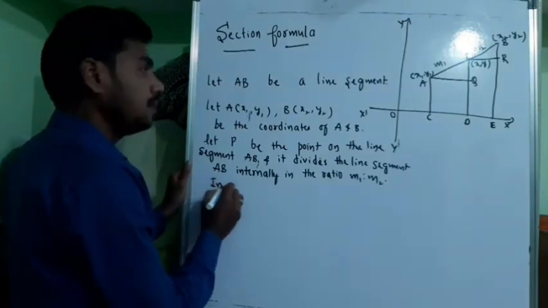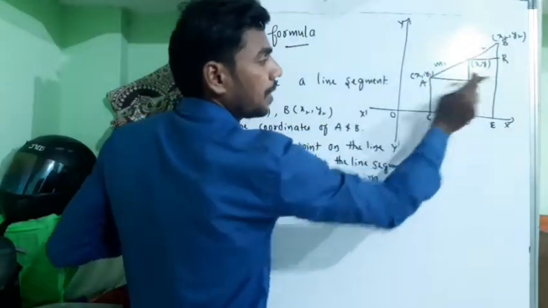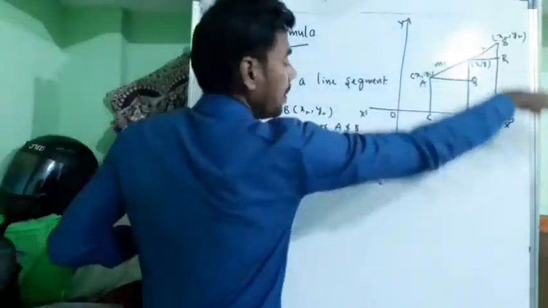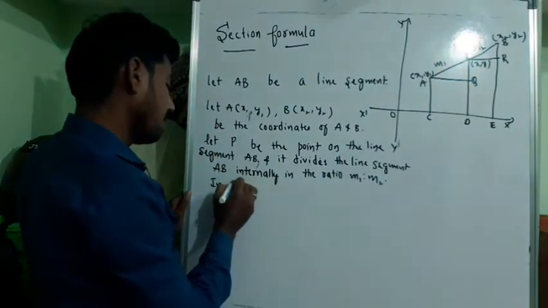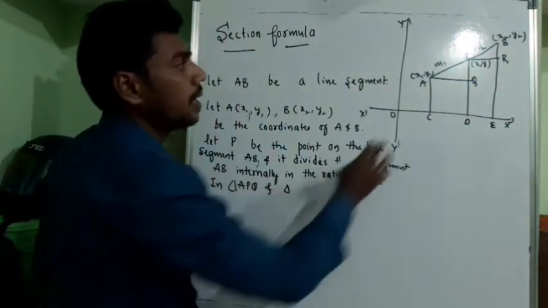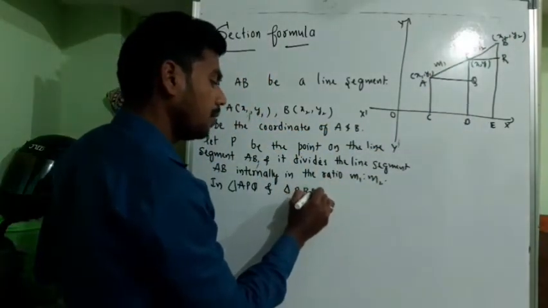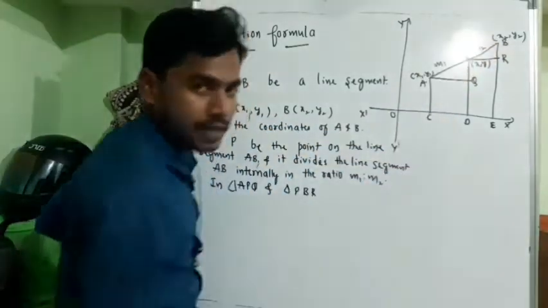In triangle APQ and triangle PBR, we need to show that these two triangles are similar.